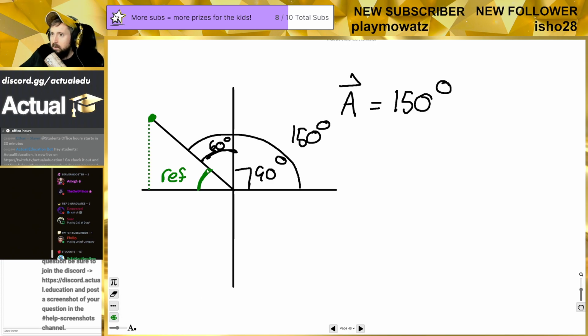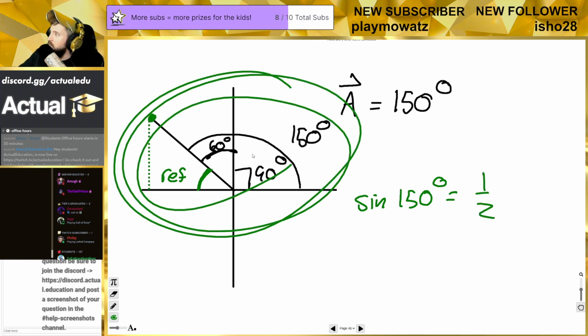This is called the reference angle, and this is called a reference triangle. This gets useful later when we start calculating, for instance, the sine of 150 degrees. Technically, this is equal to 1/2. And the way you're able to do that is through this type of math.